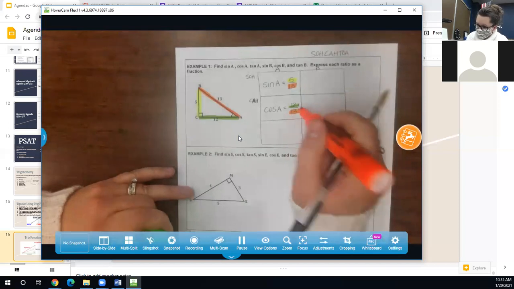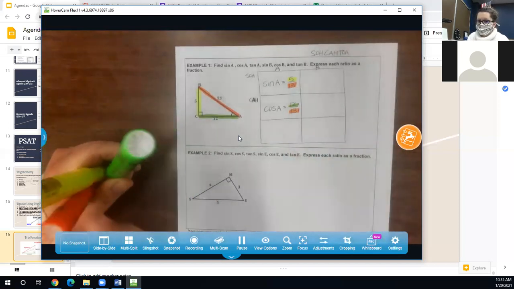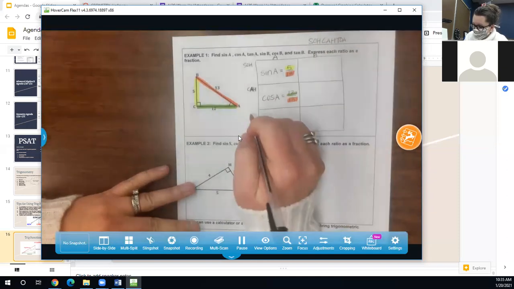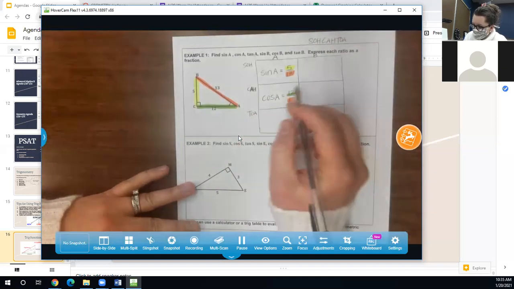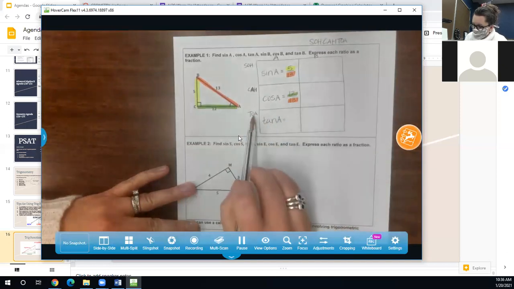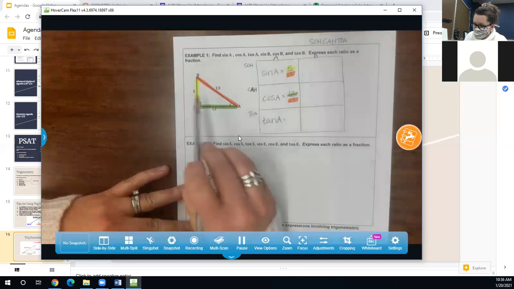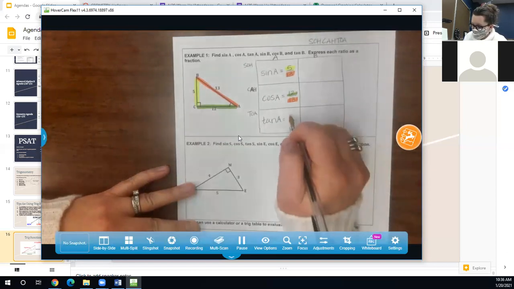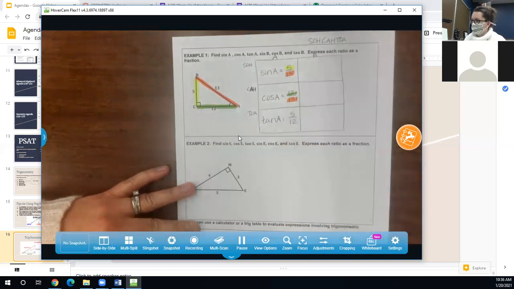All right, now we have tangent, right? So CAH TOA. So tangent of A is opposite over adjacent. So across the street neighbor divided by next door neighbor. 5 divided by 12.